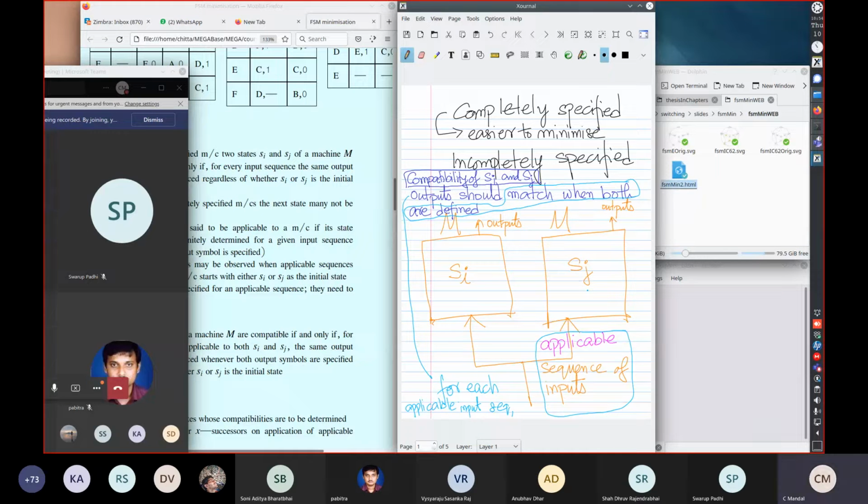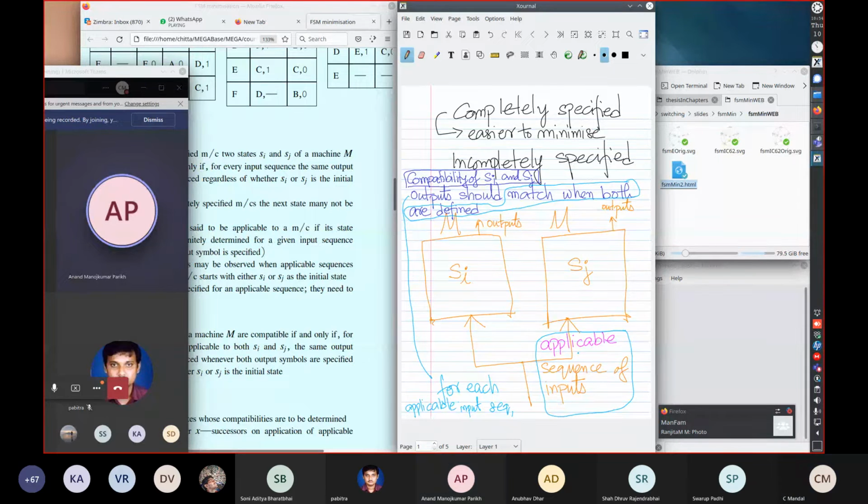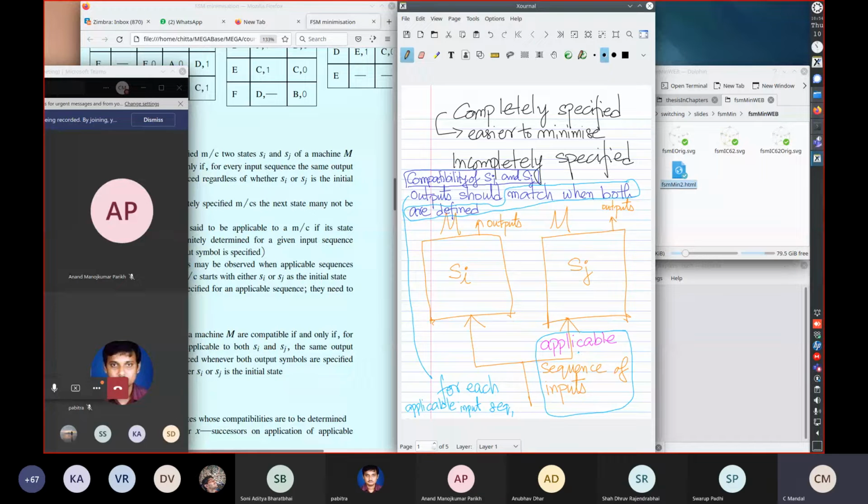Sir, if we transition from a state such that the next state is not defined, then what will happen? Then that sequence is not applicable. But what will the machine do? It can be in any arbitrary state. It is not defined. That means you don't care really. I'll just give you an example.